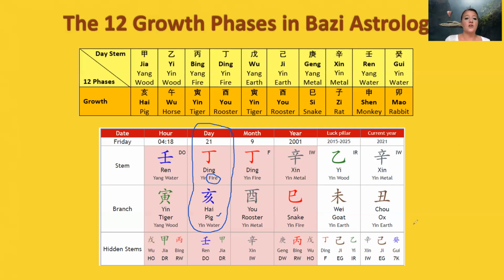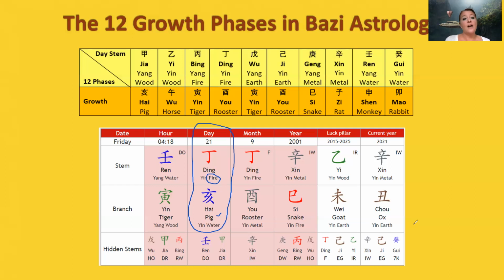So have a look whether your day pillar is any of those six that I mentioned: fire tiger, fire rooster, earth tiger, earth rooster, water monkey, or water rabbit. And this will then indicate that you, generally speaking, have a pretty smooth life, which is obviously great.